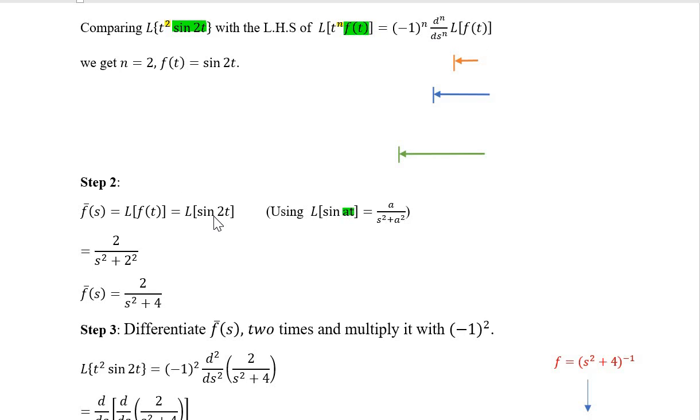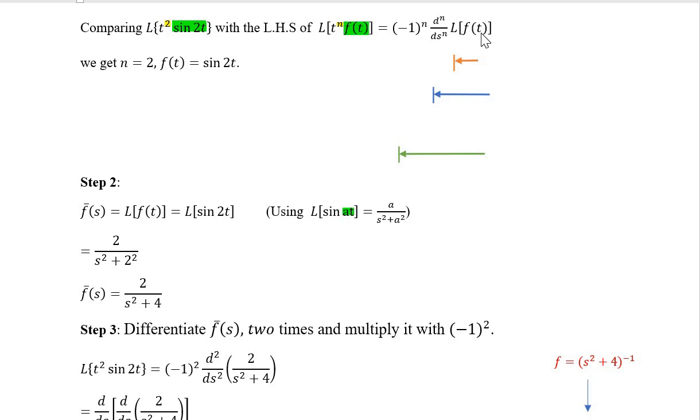So Laplace of sine 2t will be obtained using the formula Laplace of sine of at is equal to a upon s square plus a square, where a is 2. So Laplace of sine 2t is 2 upon s square plus 2 square. So that is 2 upon s square plus 4. This is f bar s.